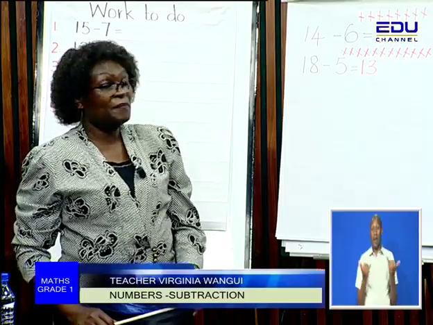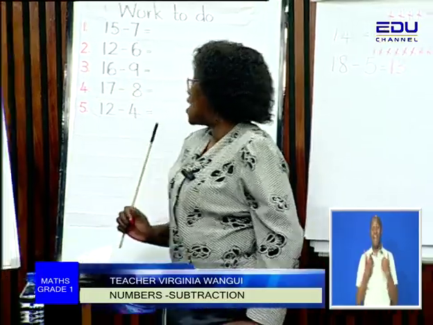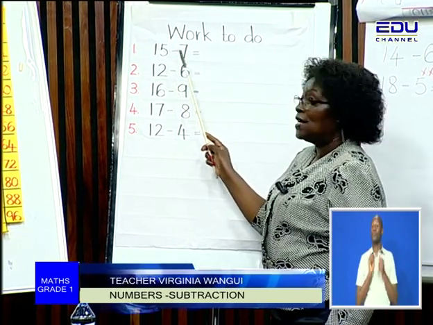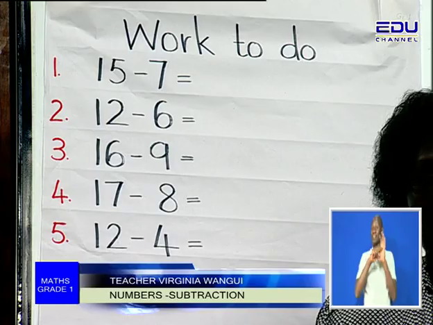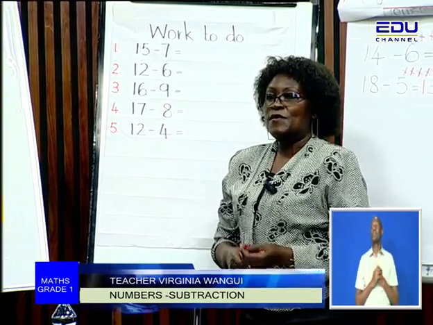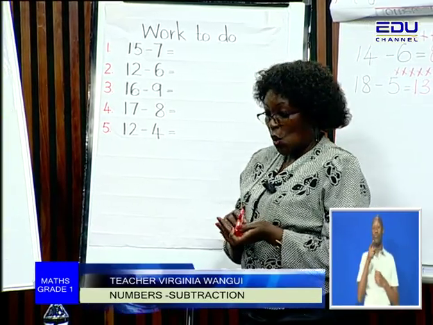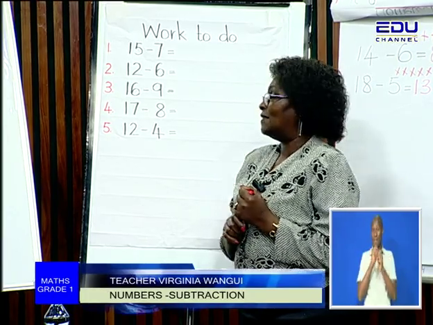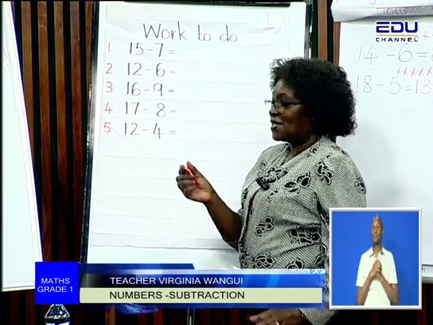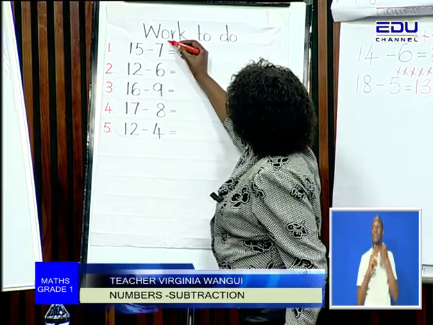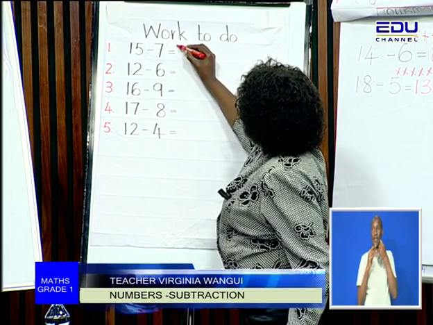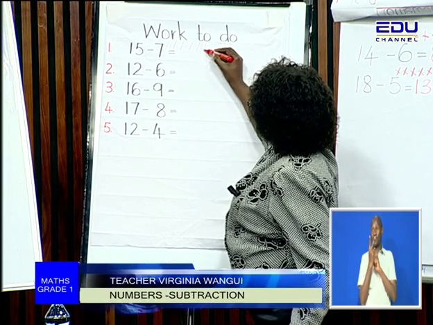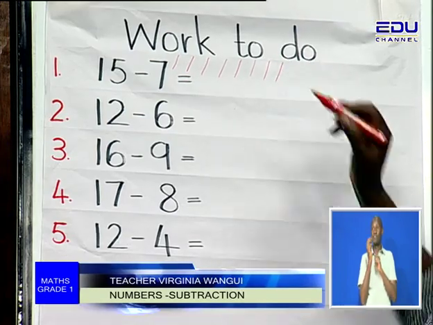And now, Lana, I have some work for you to do. Try 15 take away 7. Remember, you are adding on to 7 to make 15. So let's count 7, 8, 9, 10, 11, 12, 13, 14, 15.